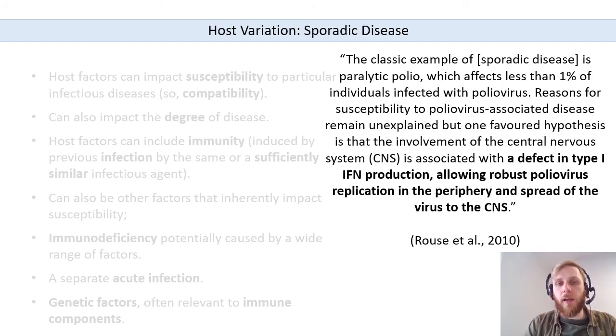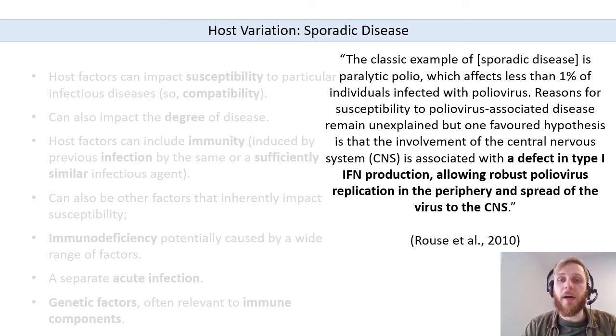And this idea that the same infectious disease can be experienced differently in different people is pretty well established, and it's not always particularly well explained. So there are what we call sporadic diseases. So these are causative agents of disease that can be experienced far more severely in some individuals without a particularly clear understanding on our part of why this might happen.